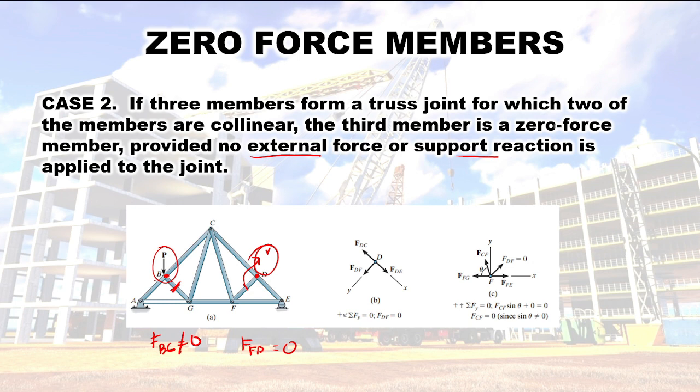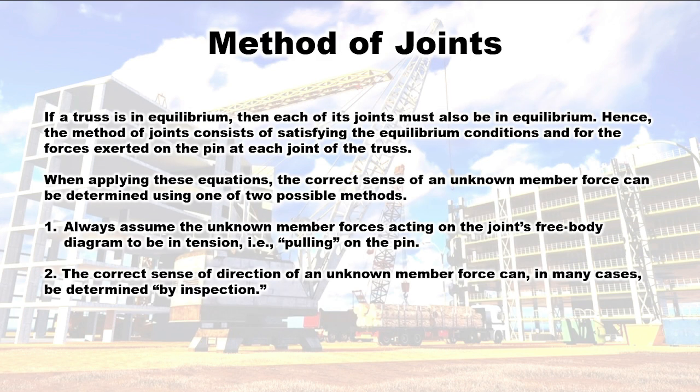It is actually recommended for your method of analysis of trusses that you must look for zero force members first so that in your solution, it would become shorter. In your statics, you have two types of analysis of truss, which is the method of joints and the method of sections. So what is method of joints?